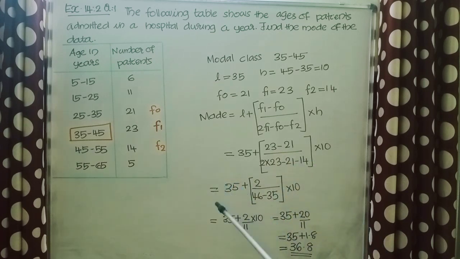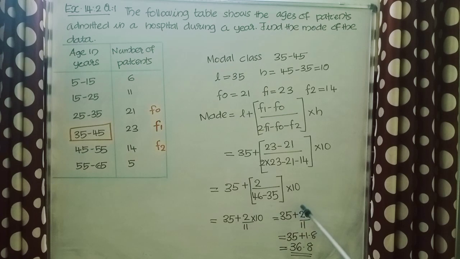So we get 35 plus 2 divided by (46 minus 35) into 10. Now we can subtract 46 minus 35. So next step, 35 plus 2 by 11 into 10. Now next we can multiply with 10. Next step, 35 plus 20 by 11.